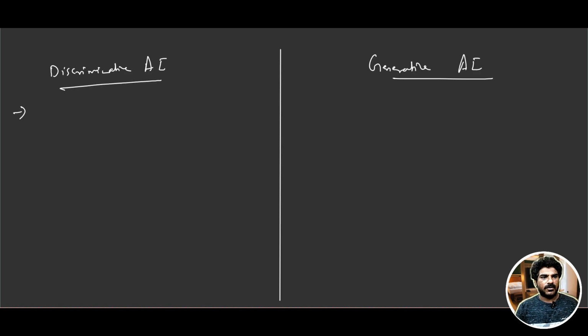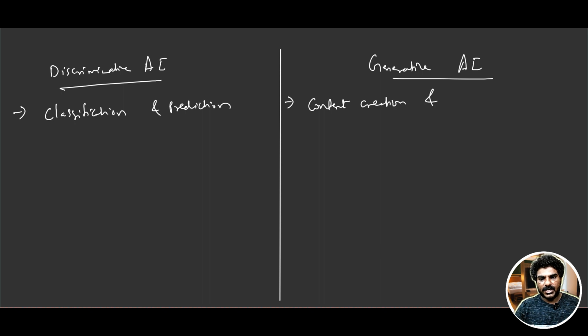Let's understand the difference between discriminative AI and generative AI. The focus for discriminative AI is on classification and prediction. The focus for generative AI is on content creation or generation. That is why the name generative, right?